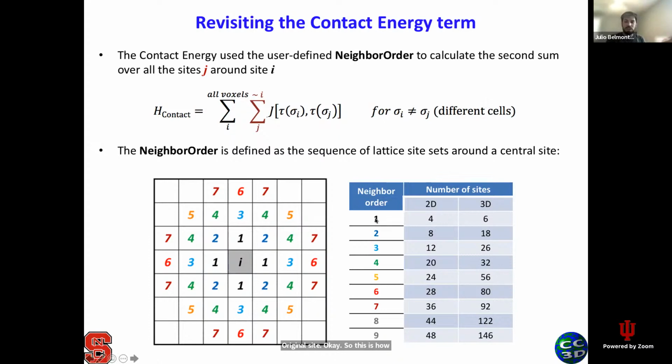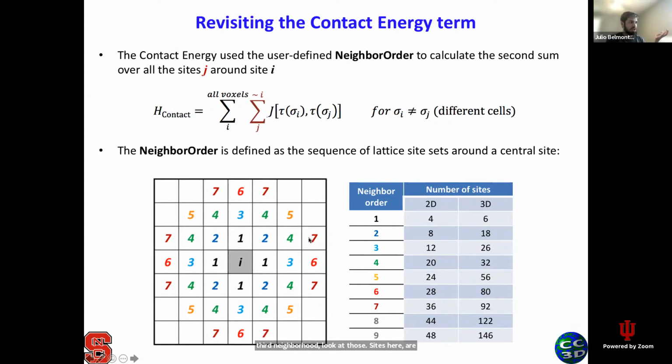A neighbor order of 0 is with no neighbors. A neighbor order of 1 means that you have those 4 sites, in 2D Cartesian coordinates. The second neighbor order looks at the first ones and also those sites at the edge. A third neighbor order looks at those sites here. A fourth neighbor order looks over all those ones here.